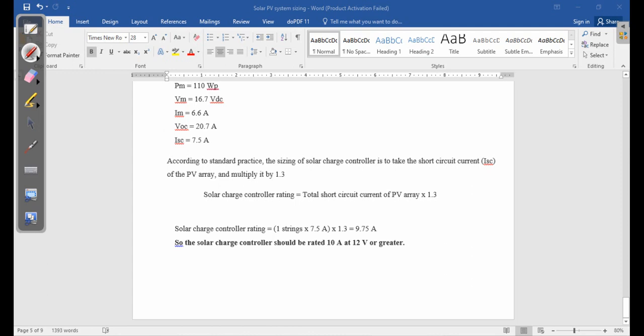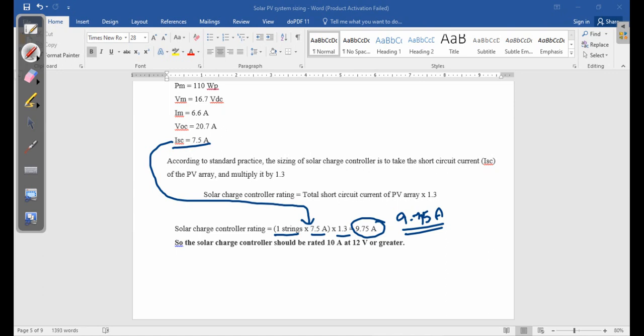So the one string is into 7.5 amps, because the short circuit current rating of the panel is 7.5 amps, into 1.3. That is the multiplication factor we use by default as a standard practice. So the total rating of the charge controller is 9.75 amps. We have to choose the round rating next to 9.75.